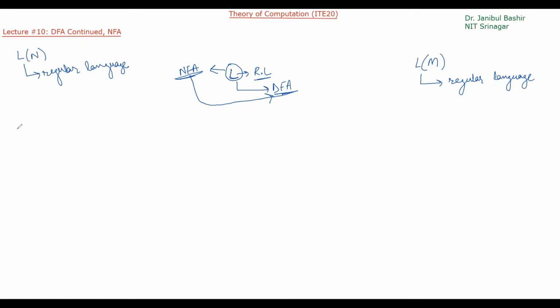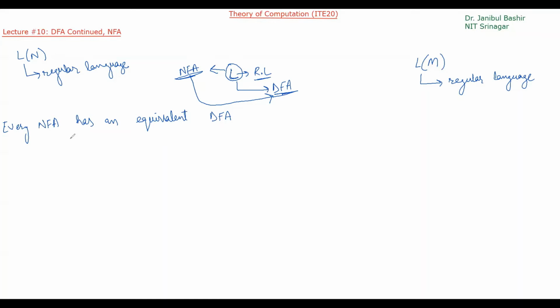So what I am saying is that every NFA has an equivalent DFA. Why? Because every regular language has an NFA and that language has a DFA as well. So every NFA has an equivalent DFA such that they both have the same language.